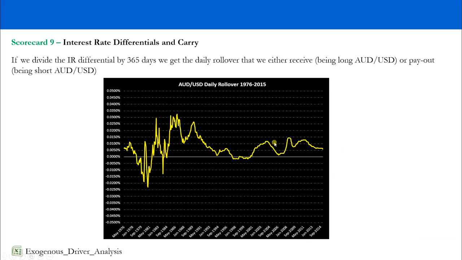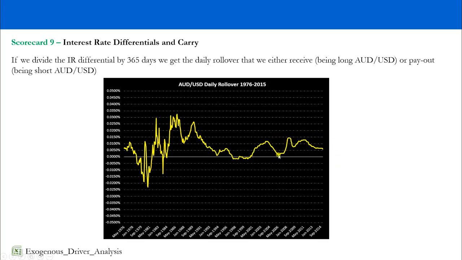And the reverse is true if we're short. In the positives, if we're short Aussie dollar, US dollar, this is what we're going to be paying out, and this is what we would have been receiving in the mid to late 90s. And when the carry is depleting, so in the negatives, it becomes more attractive to short the Aussie dollar, US dollar.